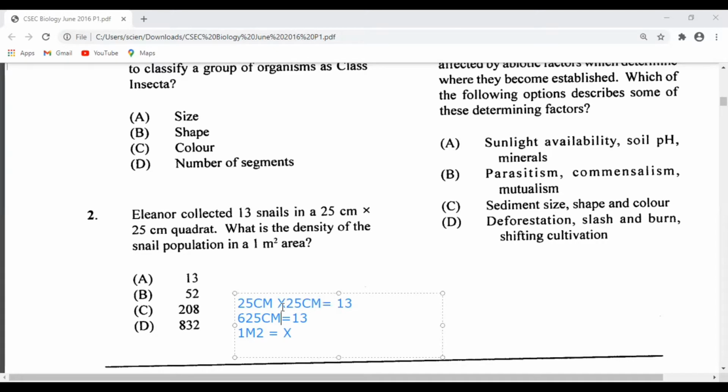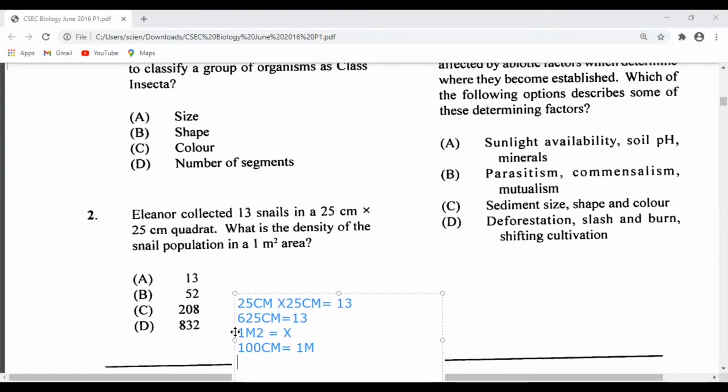Either we convert to centimeter or to meter cube. So I'm going to convert from meter cube to centimeter. I know that 100 centimeter is equal to 1 meter.